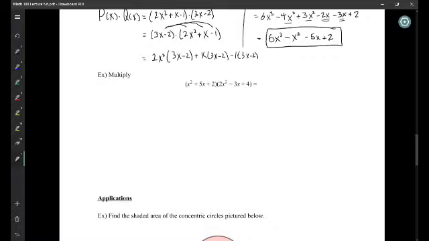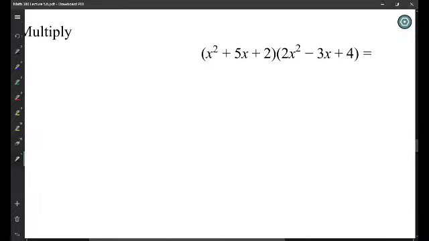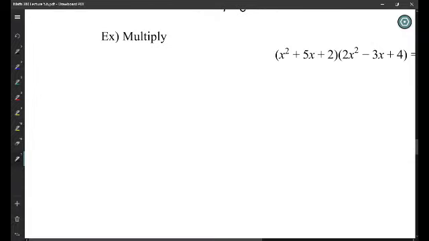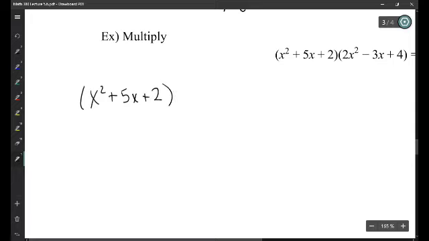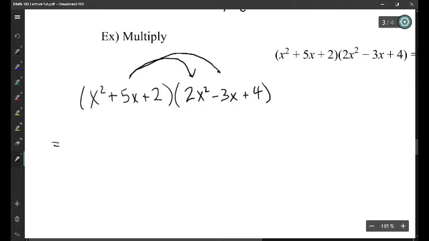All right, so here's a doozy. Let's rewrite it over here. X squared plus 5x plus 2 times 2x squared minus 3x plus 4. Well, we want to distribute this entire polynomial to each term in the second polynomial.